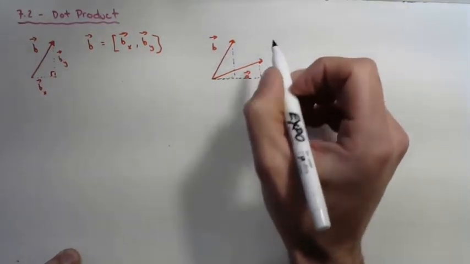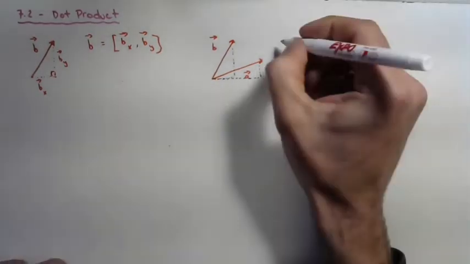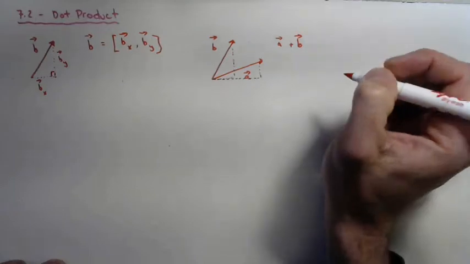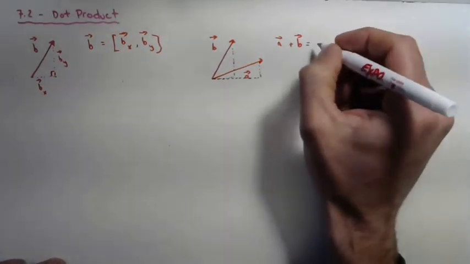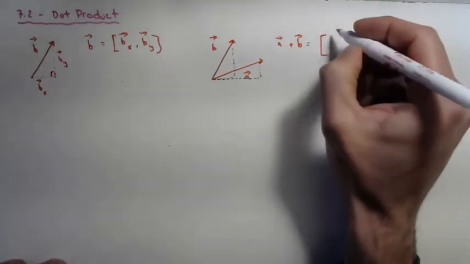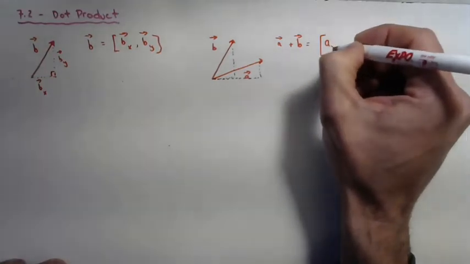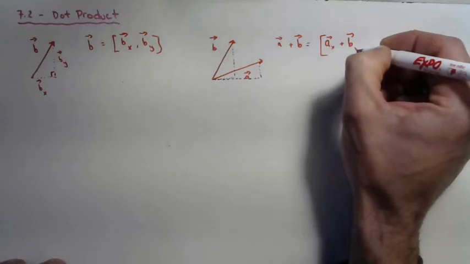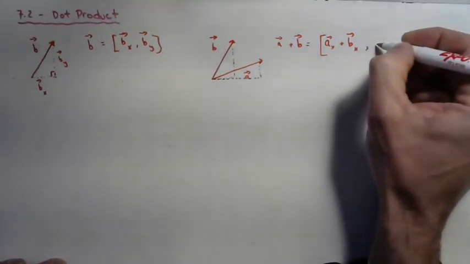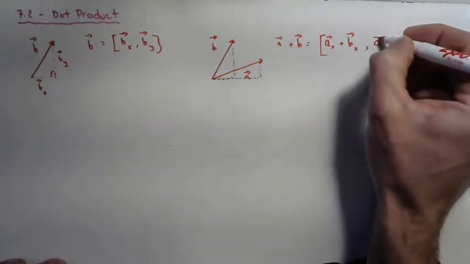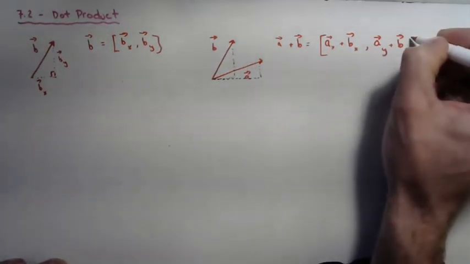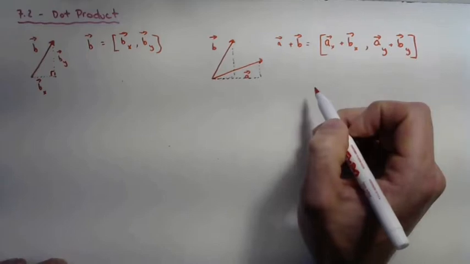So we'd have vector a plus vector b is equal to the x component of a plus the x component of b, and the y component of a plus the y component of b.